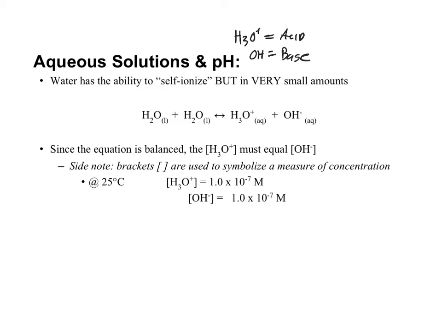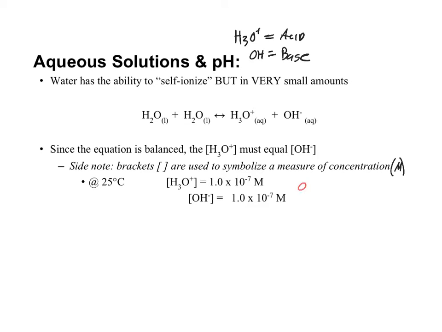But when this equation above is balanced, we have the concentration of H3O plus equaling the concentration of OH minus. So when you see something written in brackets, those brackets are symbolizing measure of concentration or molarity. So at 25 degrees Celsius, water will self-ionize and produce a very, very small amount of H3O plus, and a very, very small amount of OH minus.